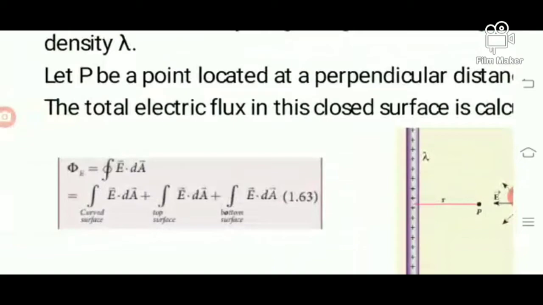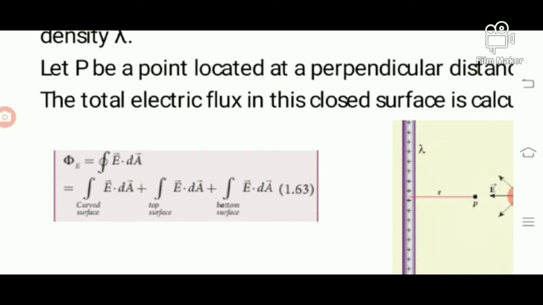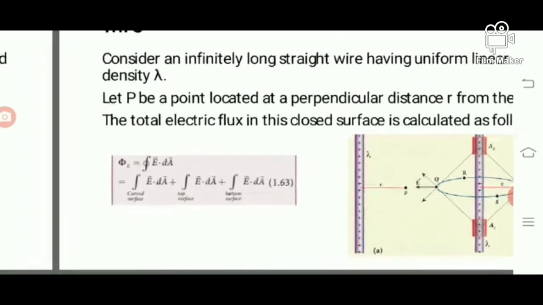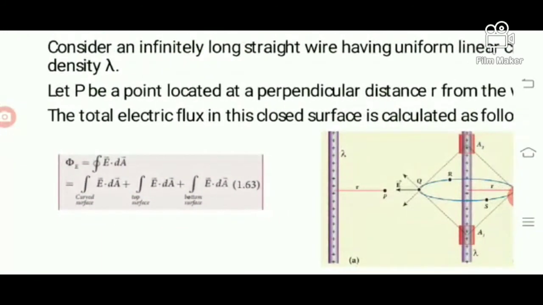The total electric flux phi E equal to the closed surface integral of E vector dot dA vector. This is the common equation for all three Gaussian surfaces. It is the integral over the curved surface of E vector dot dA vector, plus the integral over the top surface of E vector dot dA vector, plus the integral over the bottom surface of E vector dot dA vector.